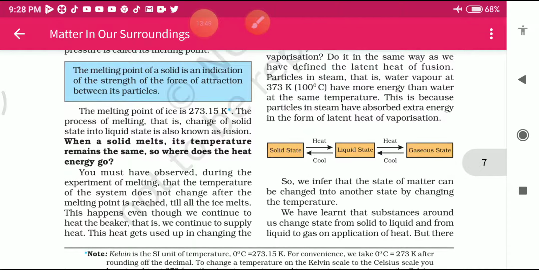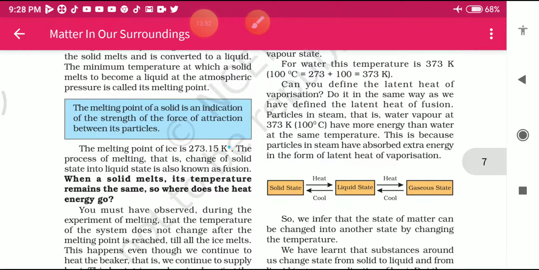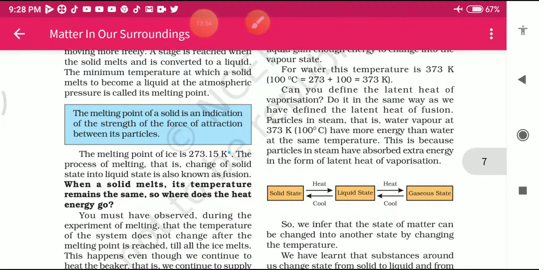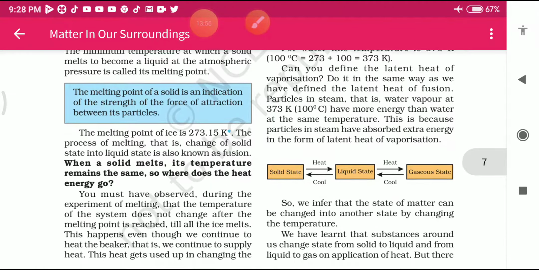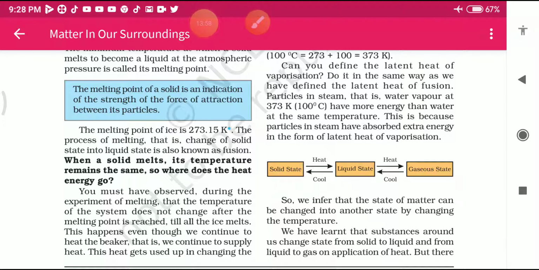it is given how to convert the solid into liquid and liquid into gas. See here, solid state. When we heat the solid state, it will convert into the liquid state, and when we heat the liquid state, it will convert into the gaseous state.